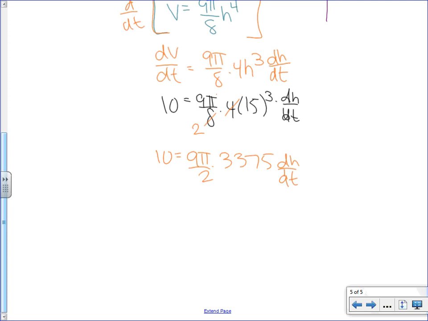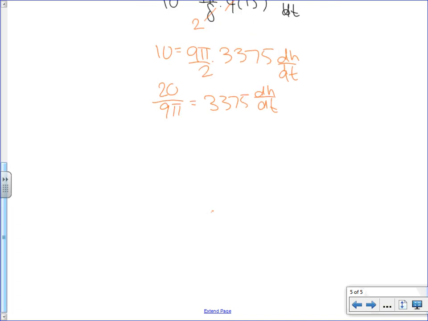I'm going to multiply by 4 and divide by 9 pi, so that's going to give me 40 over 9 pi. And then we divide both sides by 225, and you can actually do that, or you can be lazy, like me, and leave it like this. And that's it.